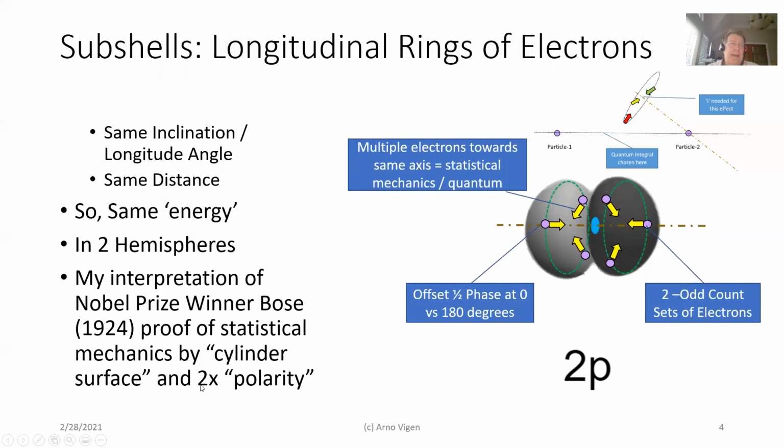And then he said, oh, well, I have to multiply my results by 2x for something that seems like polarity. Well, that's 2 hemispheres, this balancing. And this balancing is very special because it offsets by 1/2 phase. You see, this one is front and that one is back, so that they line up so that with the nucleus, they're exactly there.